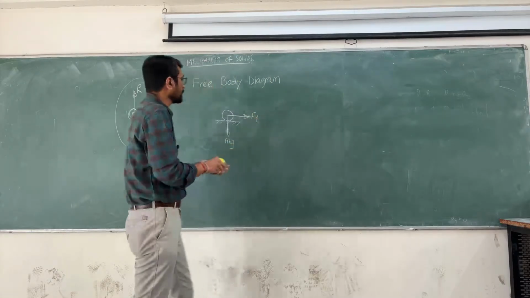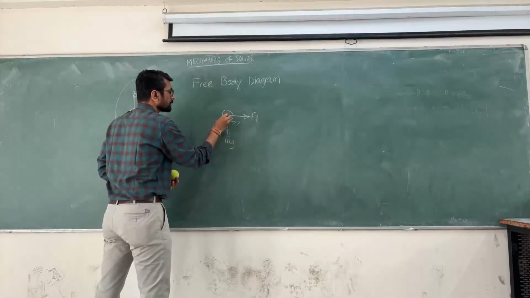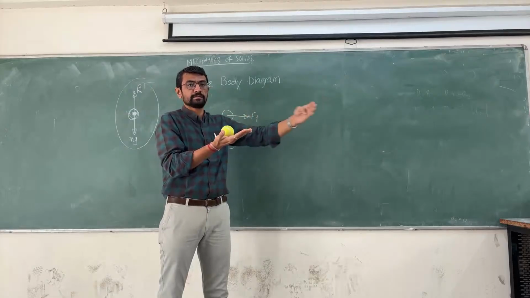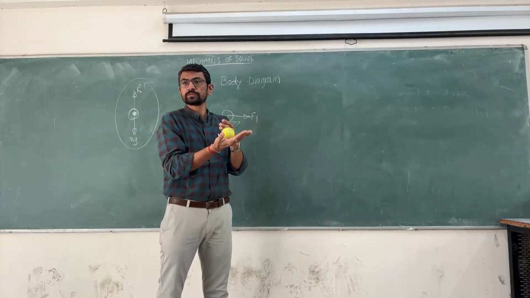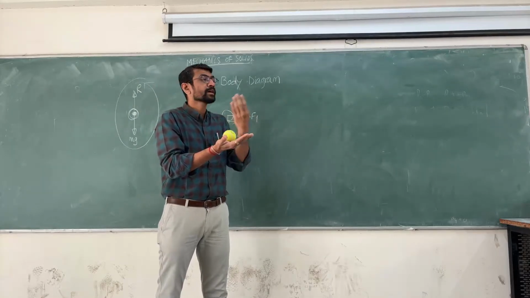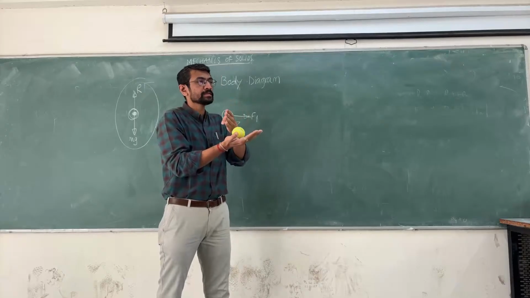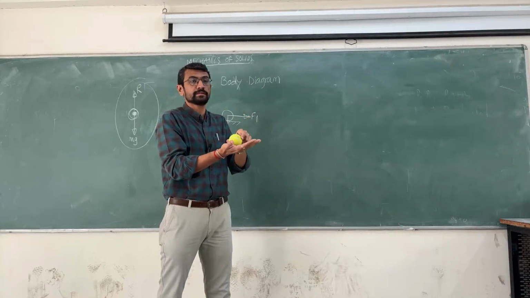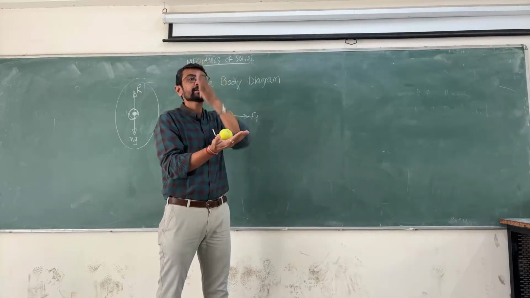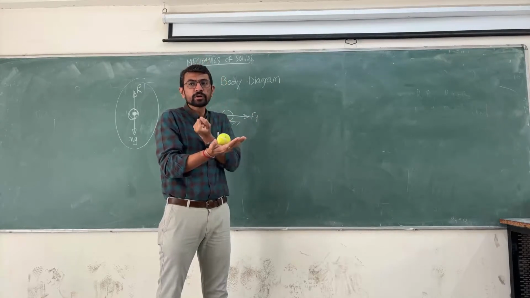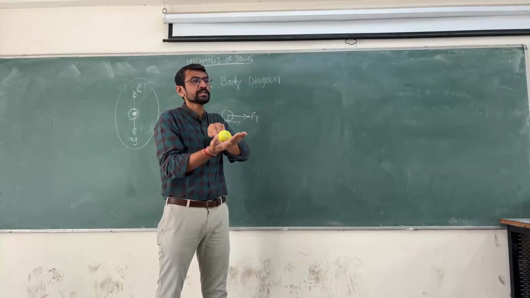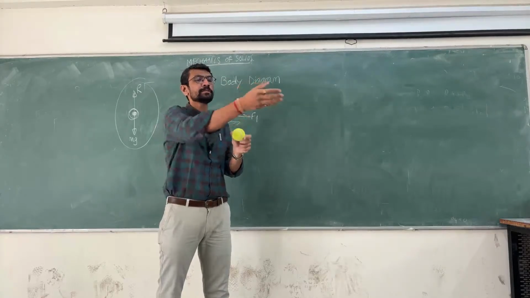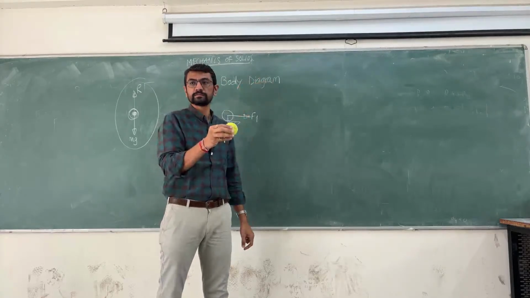So if this is acting at some force and now I don't want this ball to move in this direction, what can I do? I can generate any mechanism which will stop its motion in this direction. One is, I'll construct a wall here, provide a hook and tie that hook with the string to the ball. Another thing, I'll just call some person to hold it.